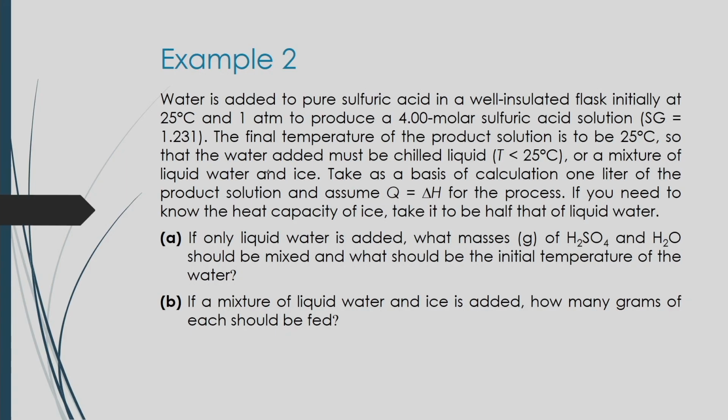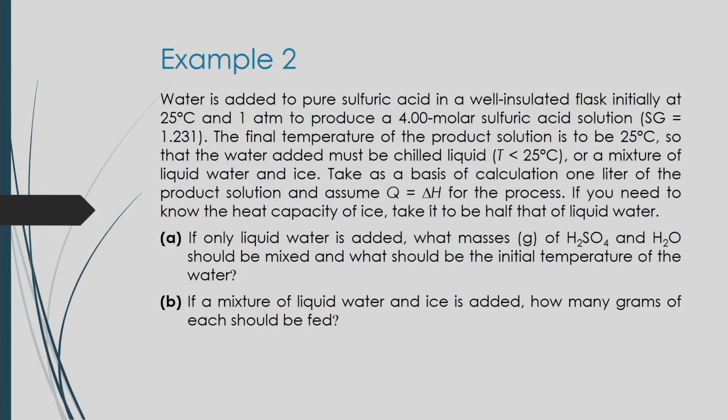So, the water added must be subcooled liquid at a temperature less than 25 degrees Celsius or a mixture of liquid water and ice. In this case you have to consider a basis of calculation of 1 liter of the product solution, and assume Q, the heat energy supplied, will be equal to delta H, the enthalpy change for the process.